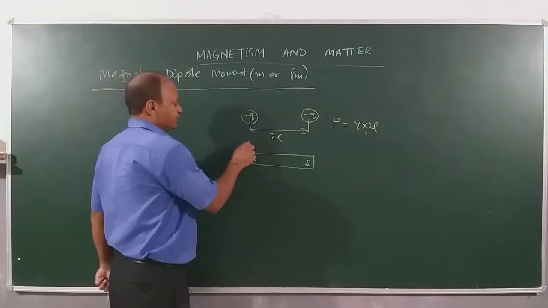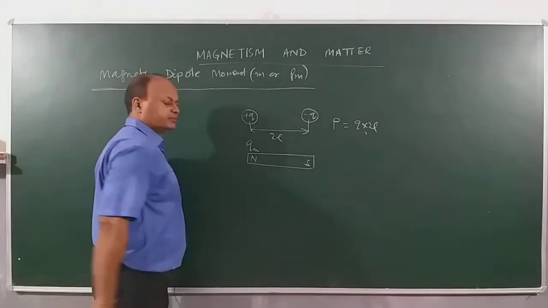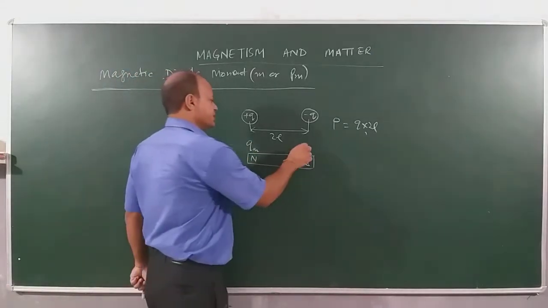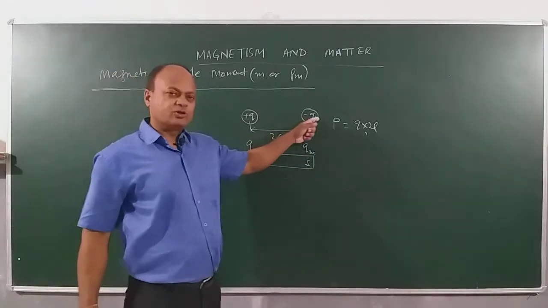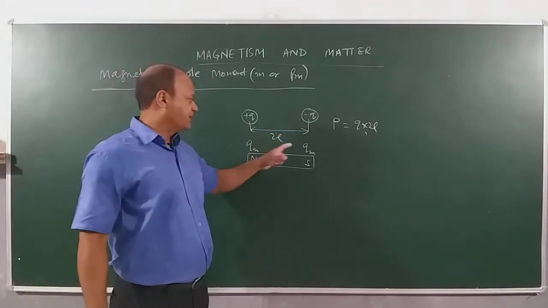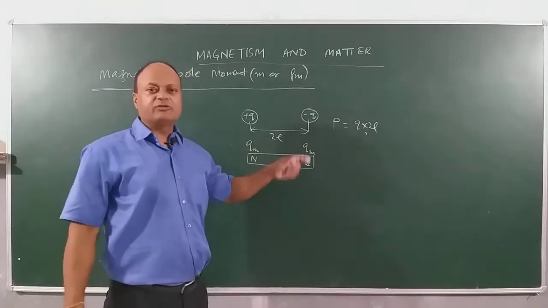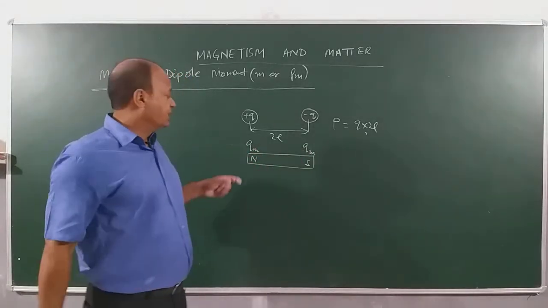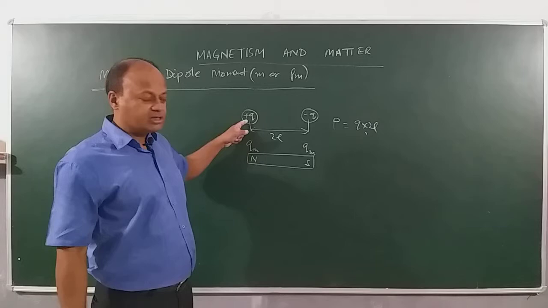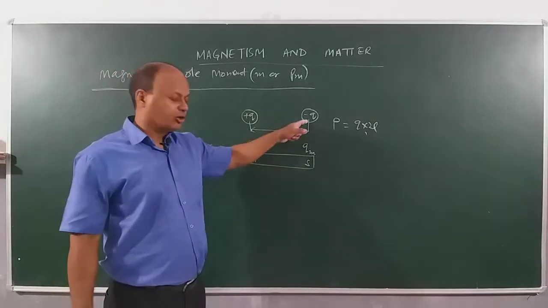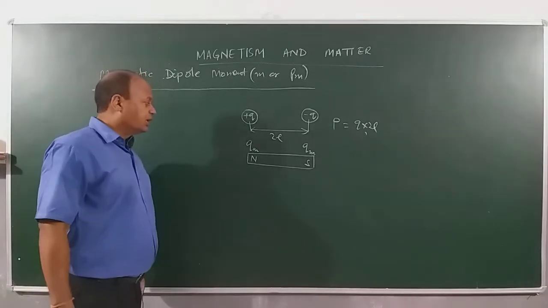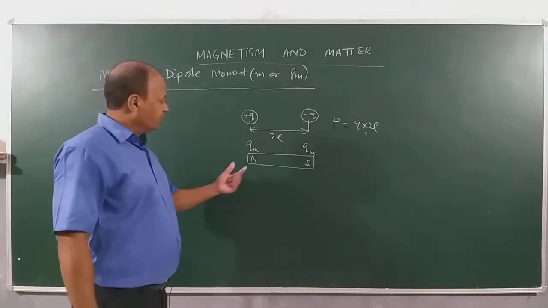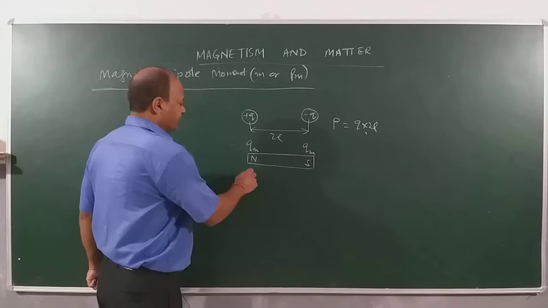So this is the pole strength for the north pole and this is the pole strength for the south pole, because just like plus Q and minus Q, here we have Qm and Qm, Q for magnetic. We will not be writing plus and minus, but you have to understand that the north pole is analogous to positive charge and the south pole is analogous to negative charge. Clear? Now in this case, we consider the length of the magnet as 2L.